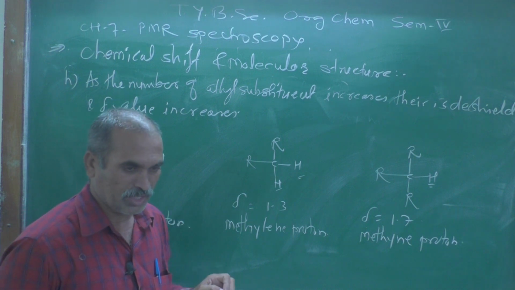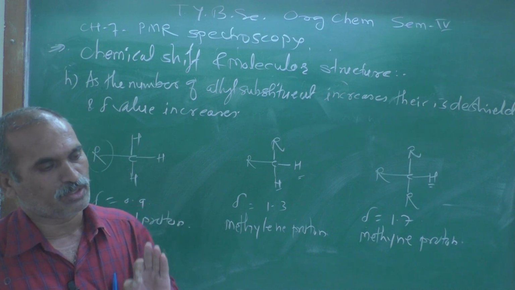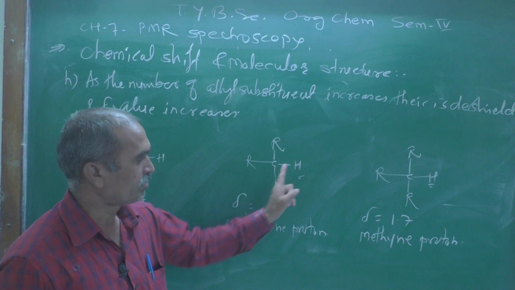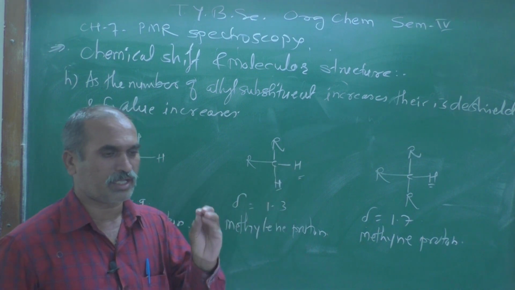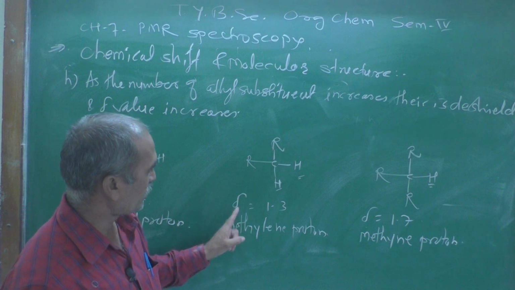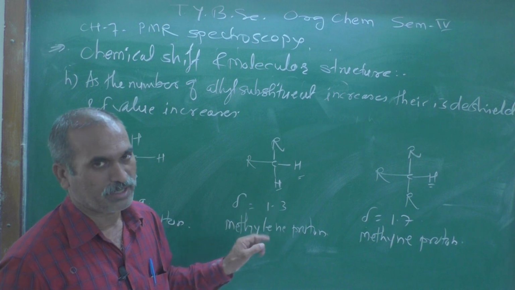Are these protons chemically equivalent or non-equivalent? Yes, definitely these two protons are chemically equivalent, and therefore the delta value should appear around 1.3.